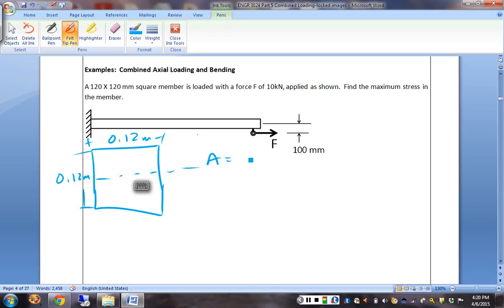Area 0.12 squared ends up being 0.0144. Rectangular moment of inertia, 1/12 b h cubed, and that ends up being 1728 times 10 to the minus 6 meters to the fourth.